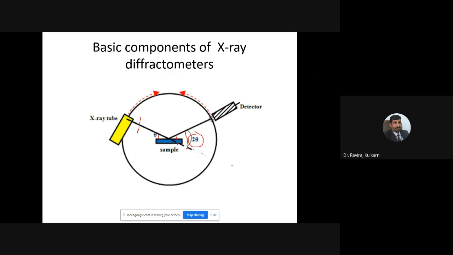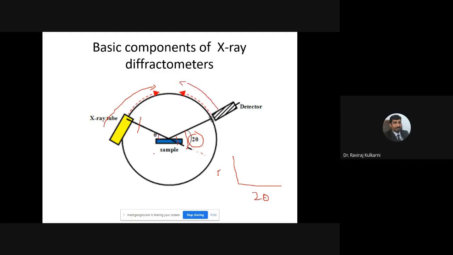Then we plot a graph of intensity versus the angle 2 theta. I will go on changing this angle from 0 to 90 degrees.